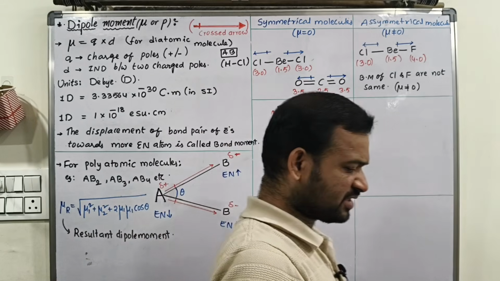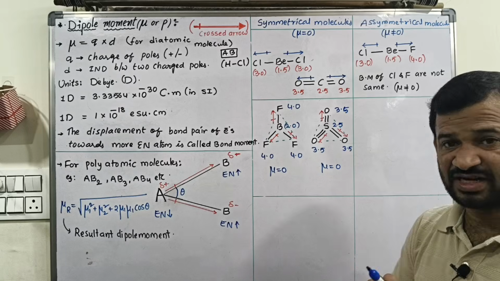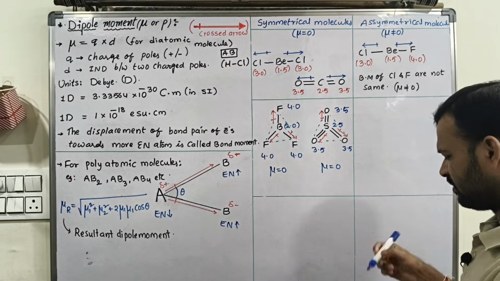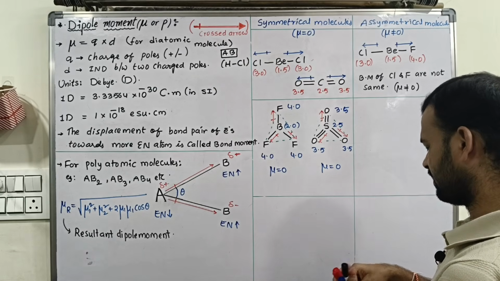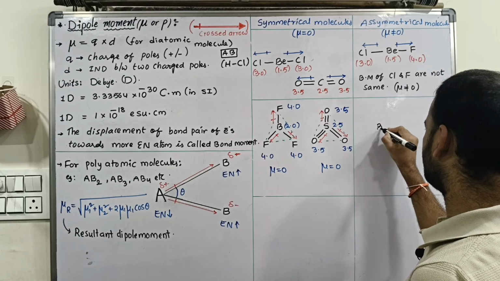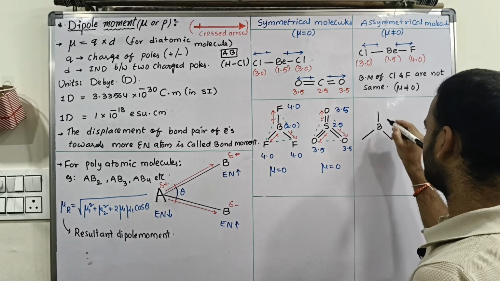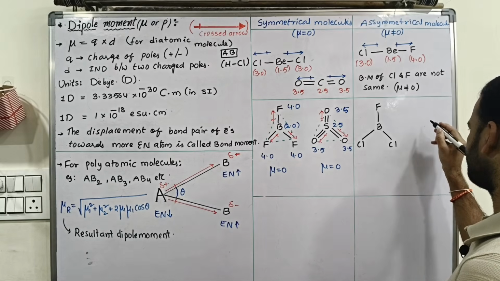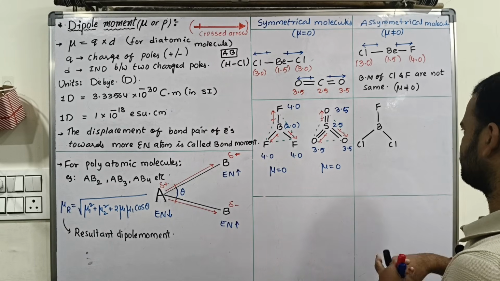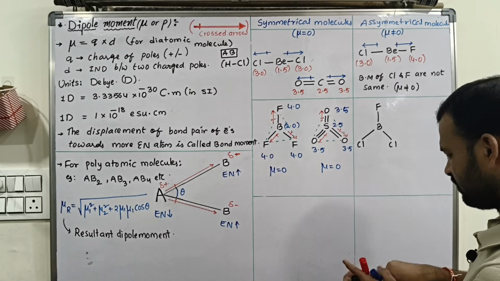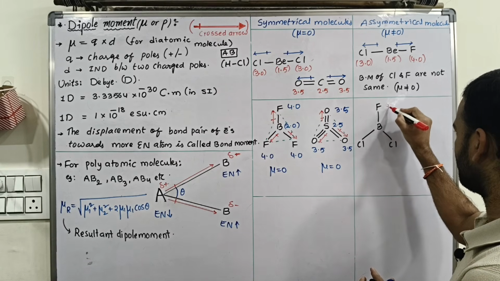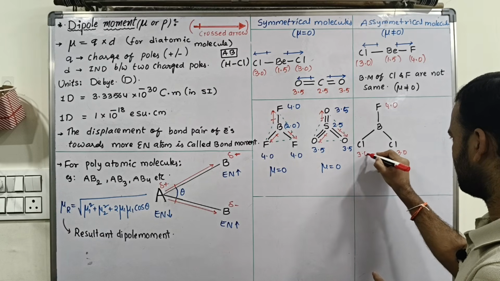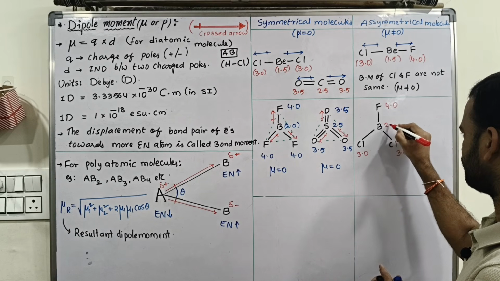Now we will see molecules with the same hybridization but having different atoms. For example, here I have taken fluorine and here chlorine. Here also it is the same shape. Now tell me the electronegativity: fluorine is 4, chlorine is 3, and boron is 2.